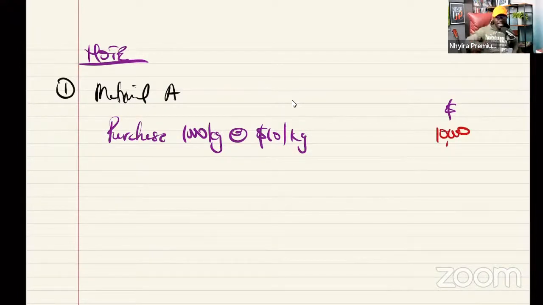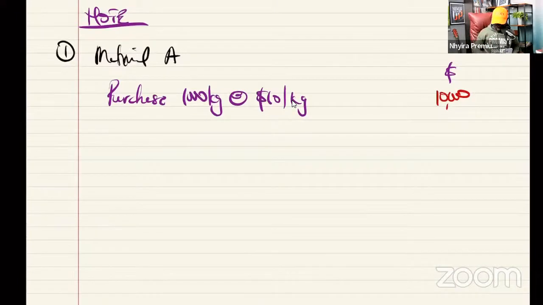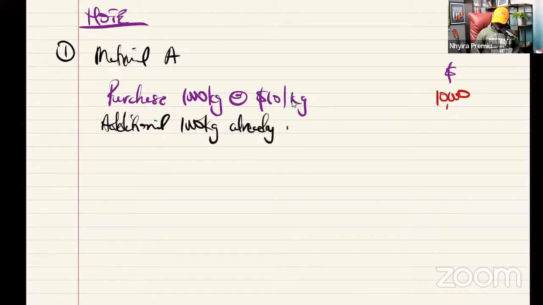But the remaining 1,000, the additional 1,000 kilograms already in stock, we have to determine the relevant cost. Remember, they can sell it.